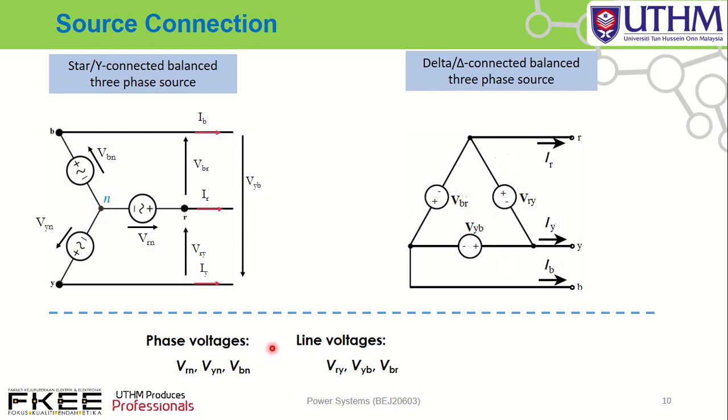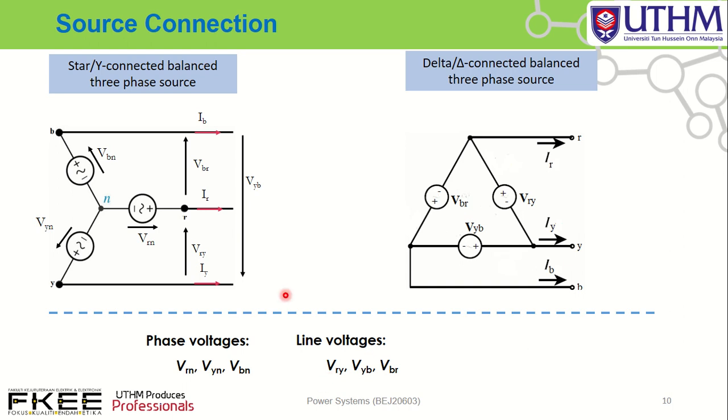The second term we need to understand is line voltages. What is the difference between phase voltages and line voltages? For example, the line voltage VRY. What is the meaning of VRY? The potential difference between terminal R and Y.